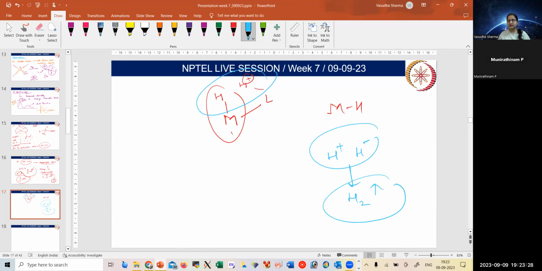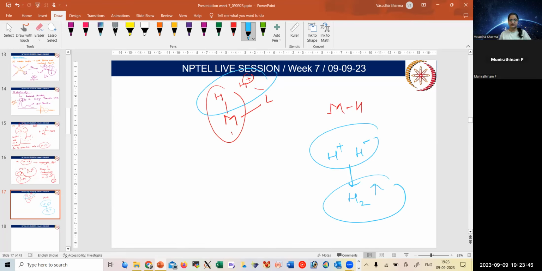I hope this is clear. If not, please let me know so that I can explain more properly. That is what we are emphasizing: if we need H2 production, it has to form a hydride and it should have an H positive source.